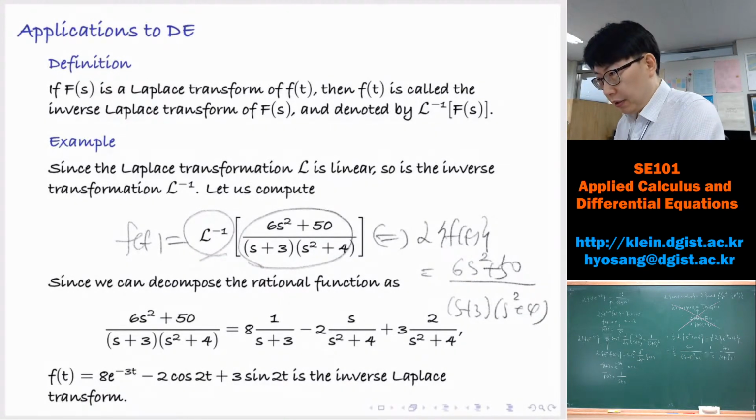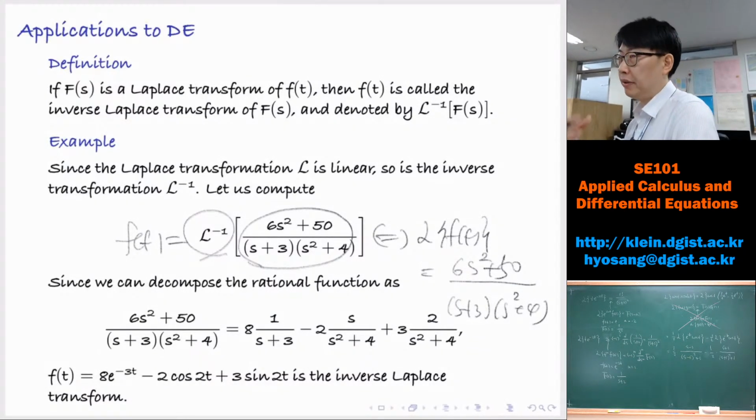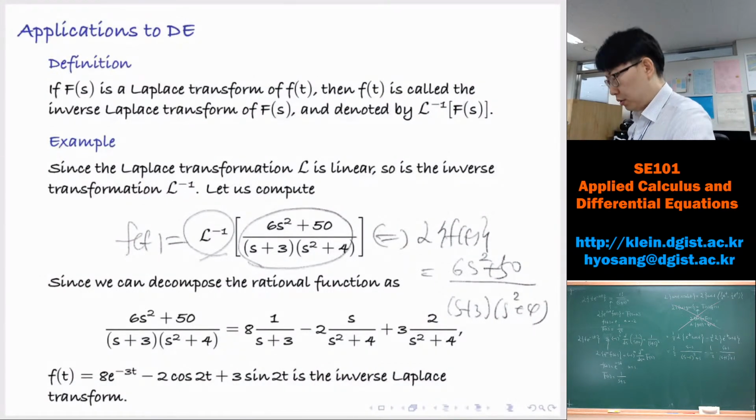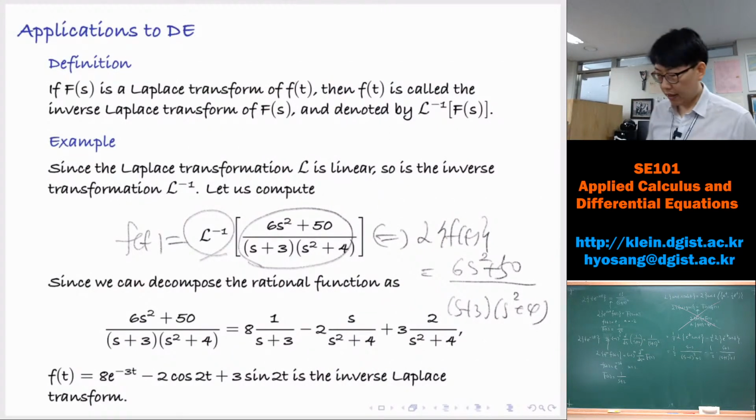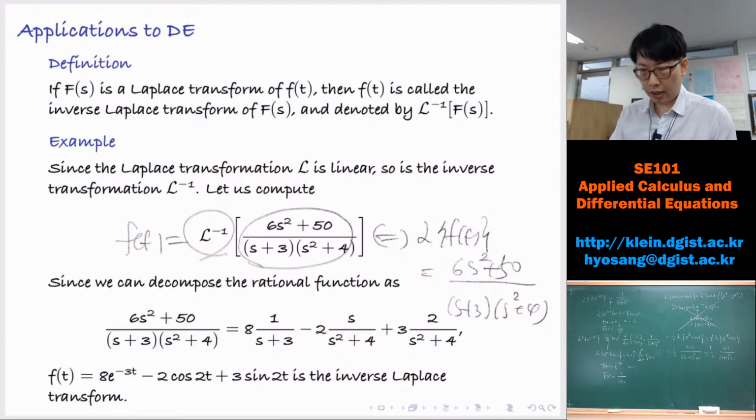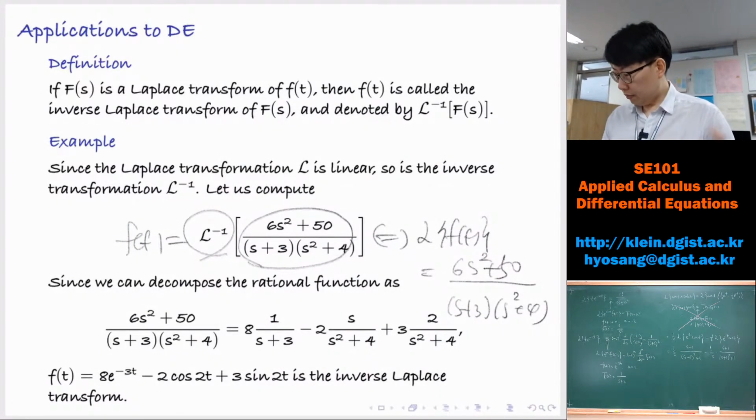Okay, so same as the Laplace transform, the inverse Laplace transform is also linear. Therefore, I need to decompose my F of s into terms that I can find the inverse Laplace transform of easily by previous formulas.